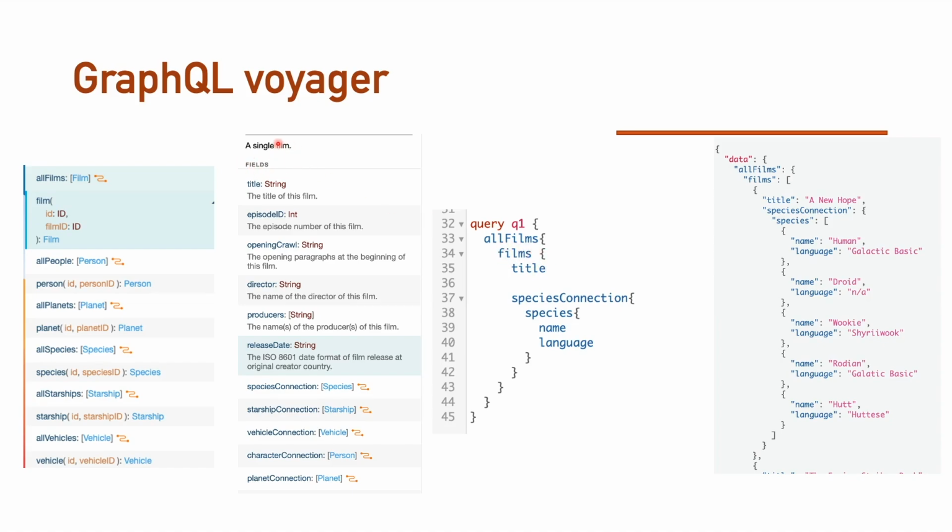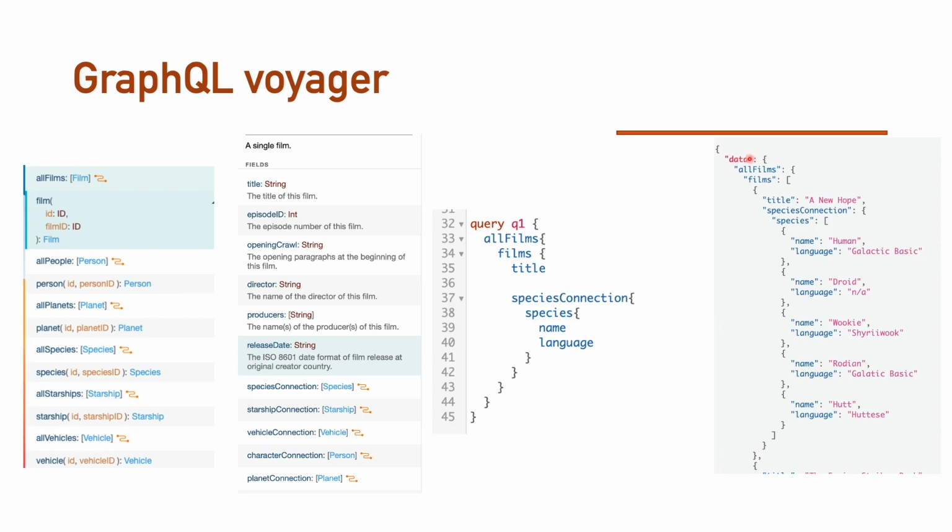In that, we can have a data called films. That takes us into a single film. Then we've got the title. Then we could go into a connection, get the species, and then get the name and the language. So we can go down and build up this quite complex kind of web here.